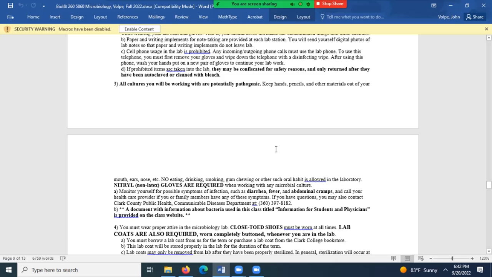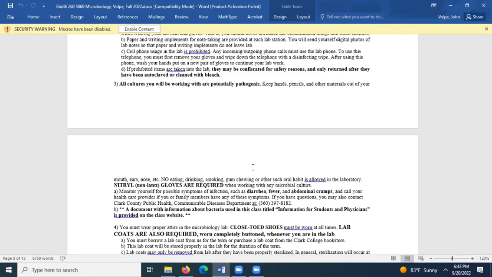So after you come into the lab, you put your books in your bag and your coat and whatnot in the cubby hole, and that's considered out of the lab. And when you enter the lab, you go to the sink, you wash your hands the correct way, washing everywhere for 20 seconds, and then you dry your hands.